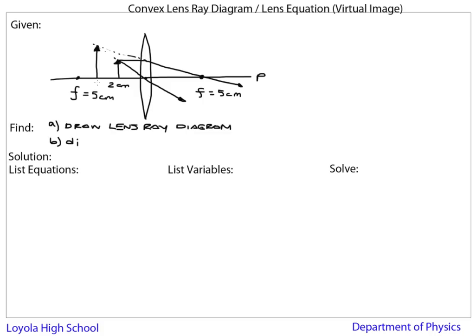Now we're going to go and calculate exactly where that is. How many centimeters is it away from the center of the lens? So for the quantitative part, the solution is three parts.